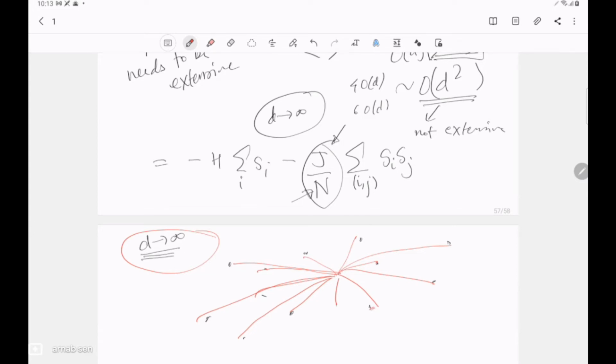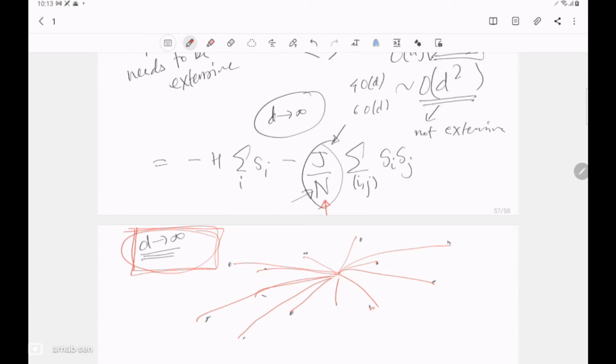But here also, if you take this normalization, then everything is okay. The energy is extensive. So of course, this is an artificial problem. But what I'm going to show you is that in this artificial problem, mean field theory is exact.